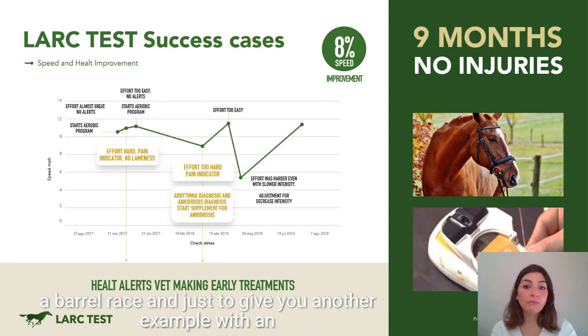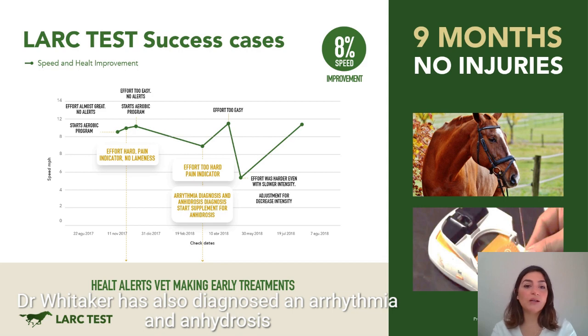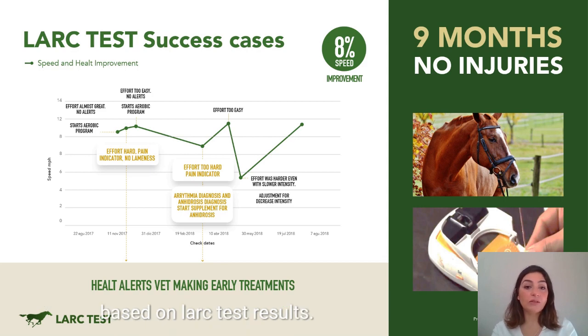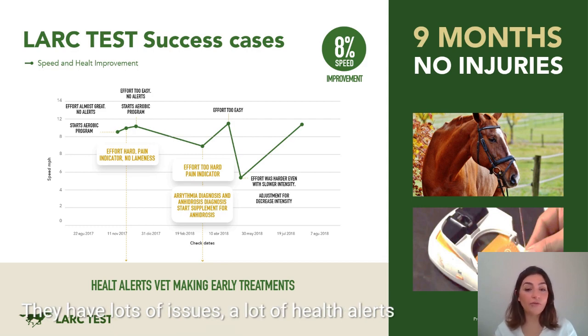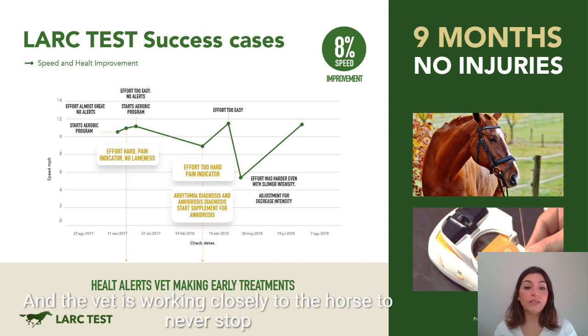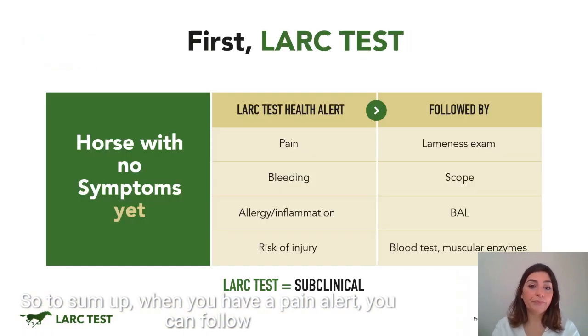Just to give you another example, with an 8% improvement after 9 months of work with Apollo, Dr. Whitaker also diagnosed an arrhythmia and anhidrosis based on LARC test results. These are not horses that don't have any issues. They have a lot of issues, a lot of health alerts, and the vet is working closely so the horse never stops conditioning and keeps improving.